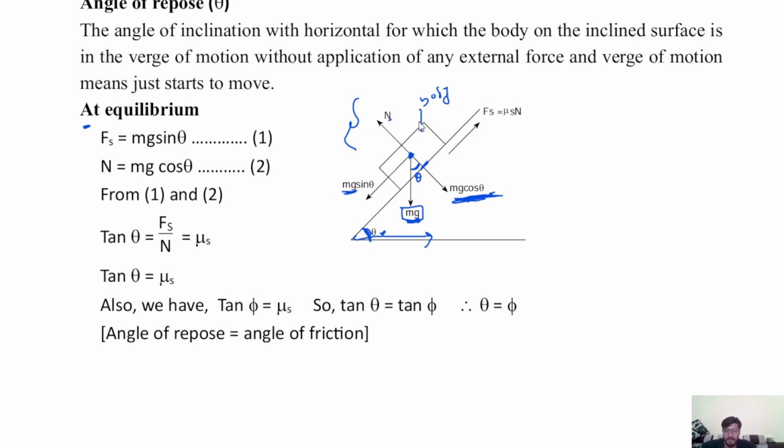So this body is on the verge of motion in the downward direction. Frictional force always acts in the direction opposite to the motion, so with the verge of motion downward, this frictional force Fs is acting upward, shown by the arrow. This is the free body diagram of this condition.